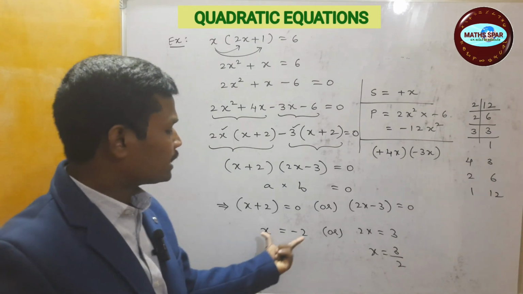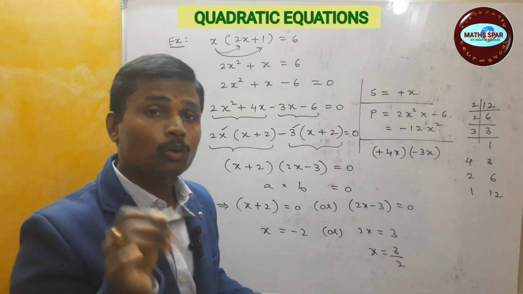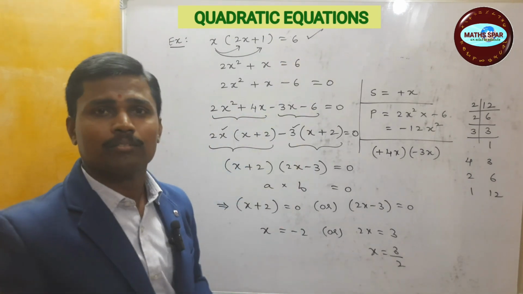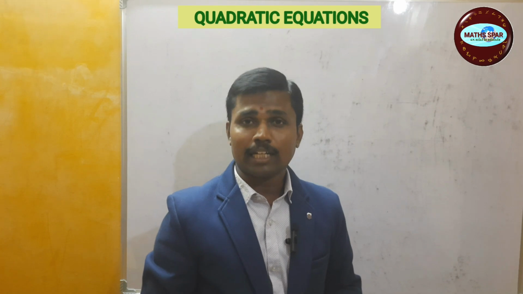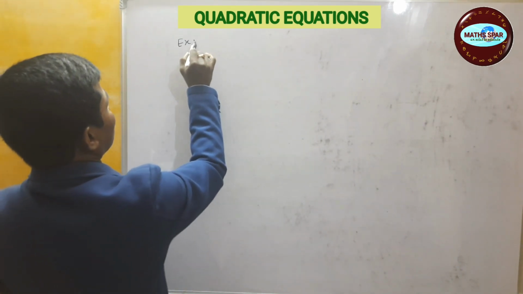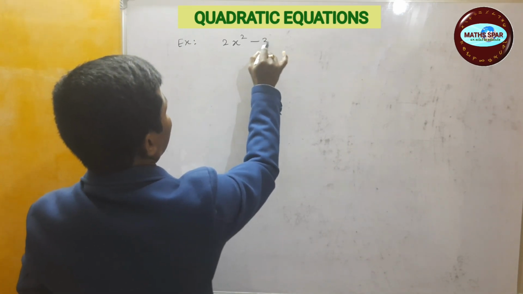Now x is equal to minus 2 and x is equal to 3 by 2 are the roots of the given quadratic equation.